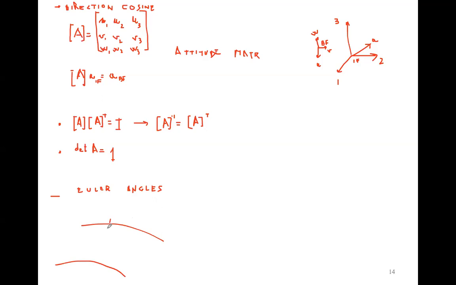You have your spacecraft here, and it has an antenna pointing towards Earth. Since you want to keep a nadir pointing of the spacecraft, what you can do is define the body frame to be very close to the orbital reference frame.